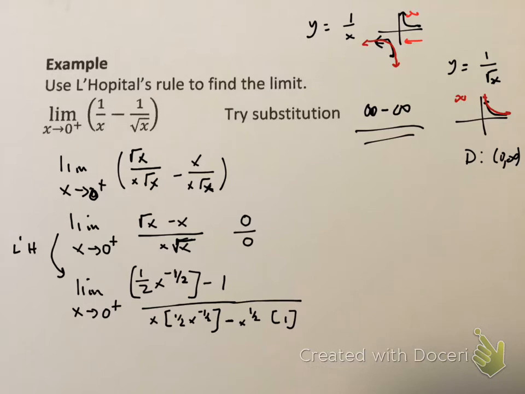Guess what we should do? We need to factor out an x to the negative 1/2 out of these two expressions, here and here. So this is not L'Hopital's rule, I'm just going to do some algebra here.